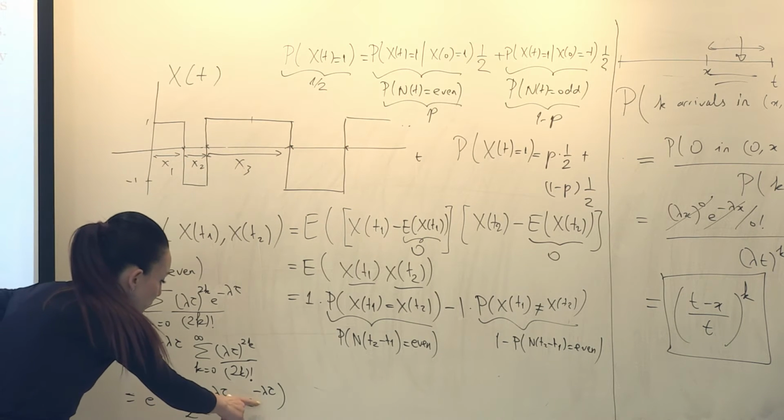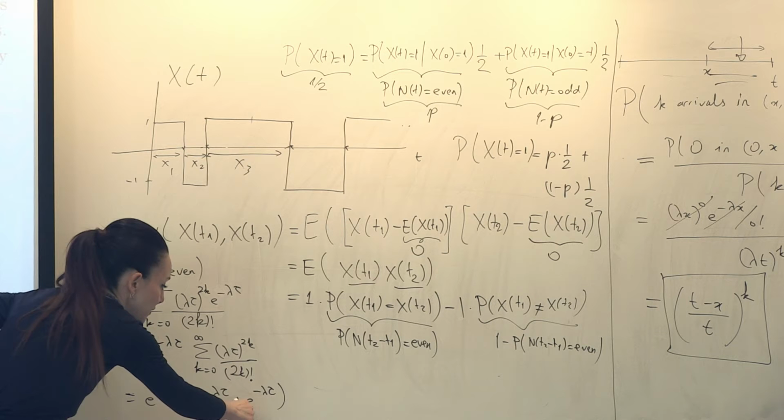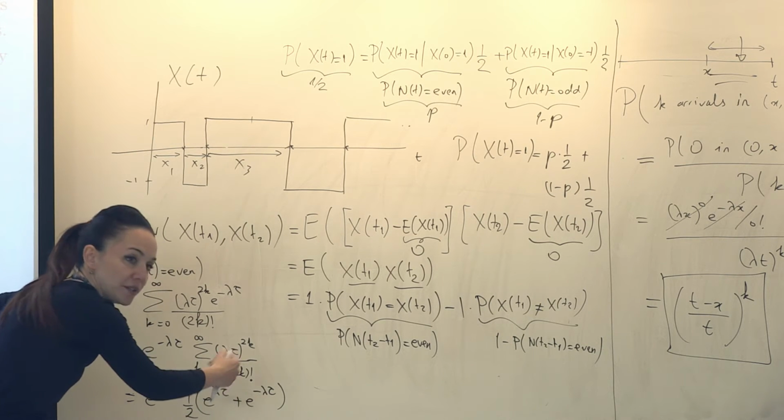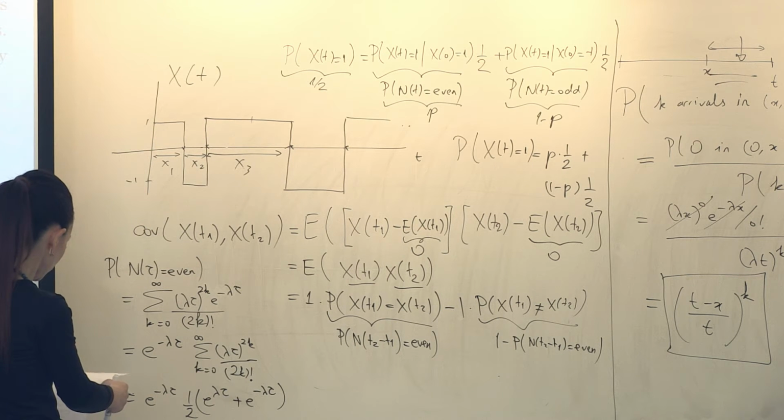Because this would bring me negative entries for the odd terms and they would cancel. For the even terms, I have twice this, which I take care of with the 1/2. Right.